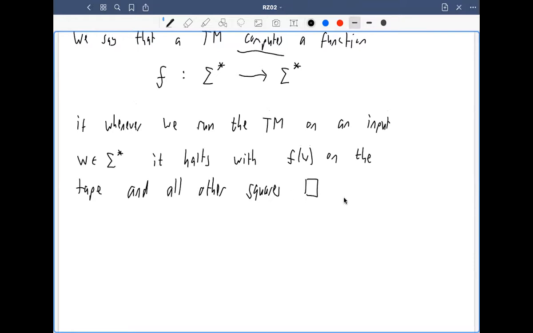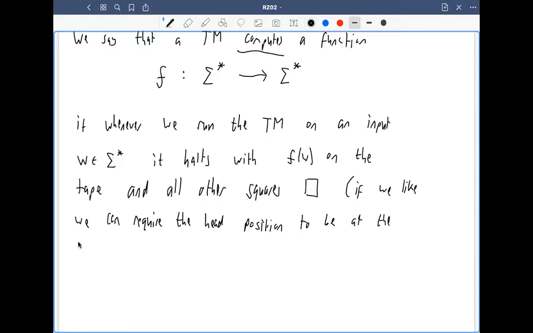So if we like, we can require the head position to be at the left symbol.